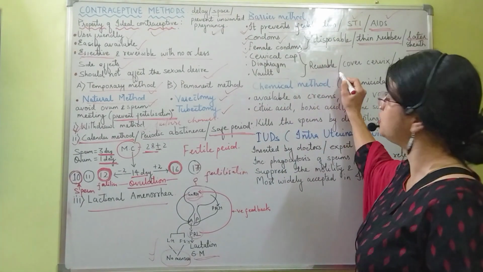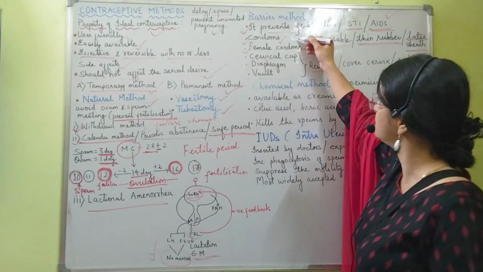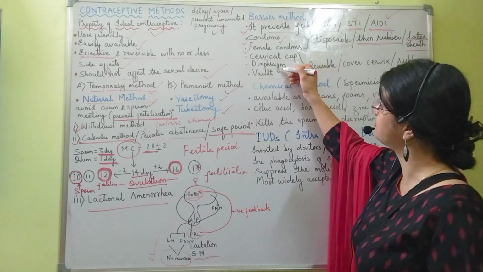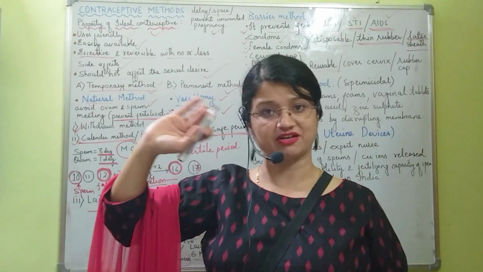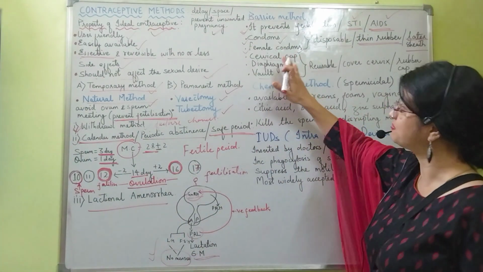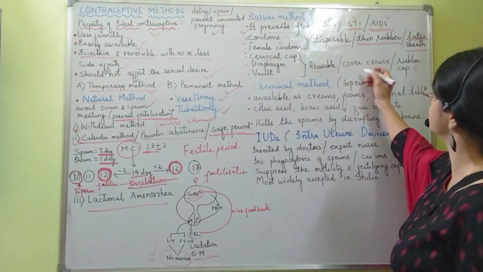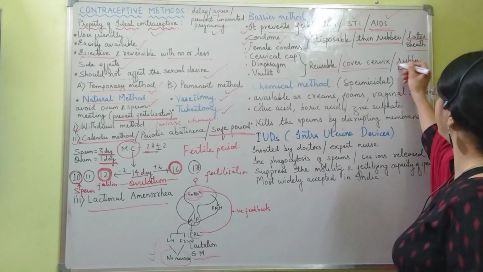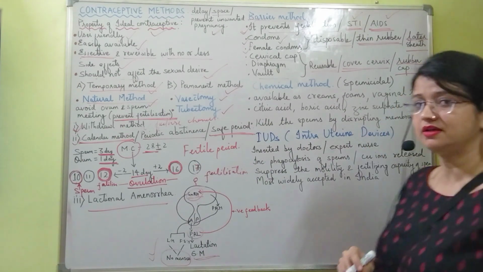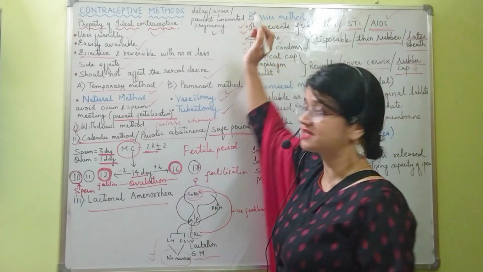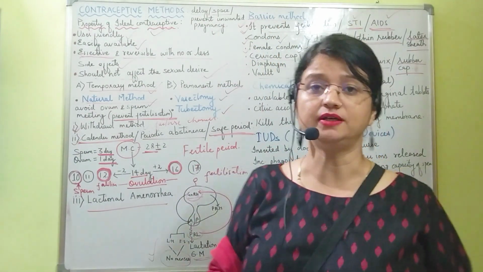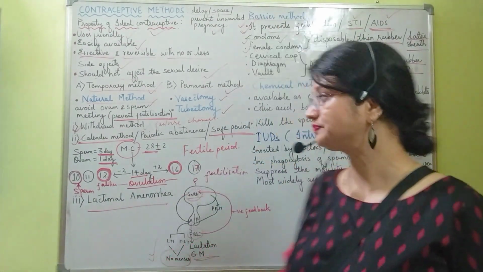These are not disposable; they are reusable, and they are worn on the cervix. The main principle is to prevent fertilization. They cover the cervix, and they are made of rubber cap. Clear? So this is also very important, and many times questions have been asked from the barrier method.